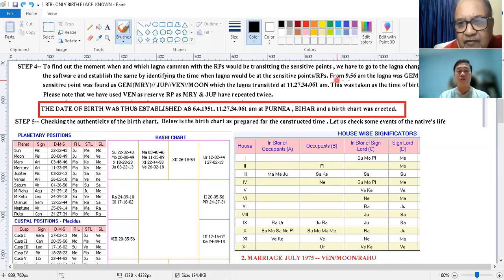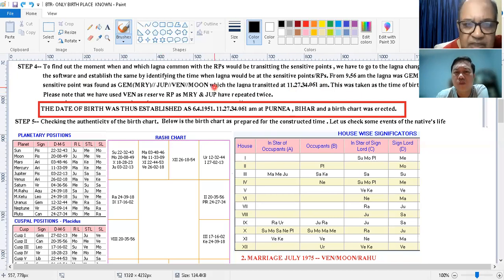From 9:56 a.m. the lagna was Gemini. On that day, lagna was Gemini, and in this the most sensitive point was found as Gemini, that is Mercury, Jupiter, Venus, Moon, which the lagna transited at 11:27:34:061 a.m. This is the time of birth.